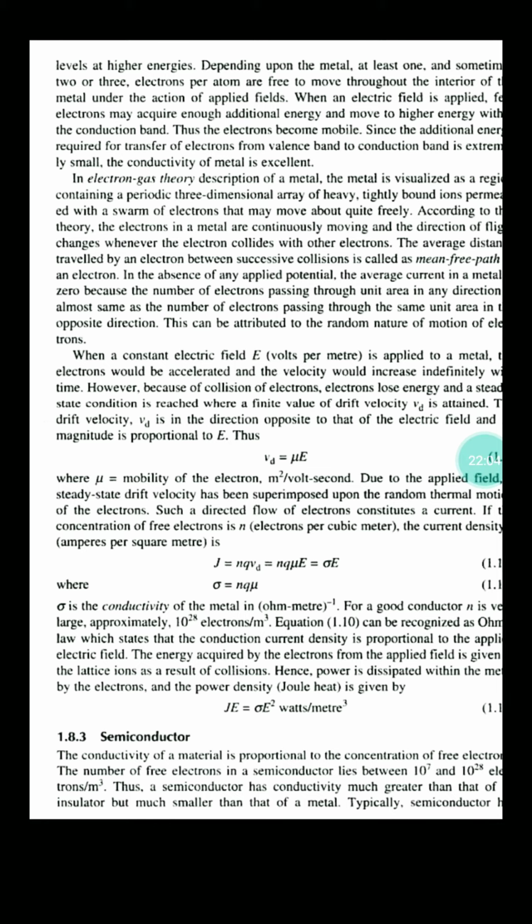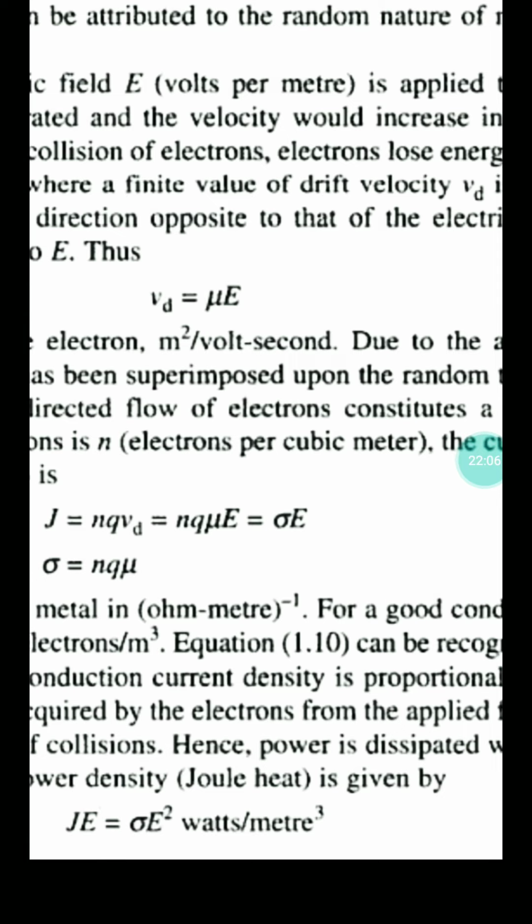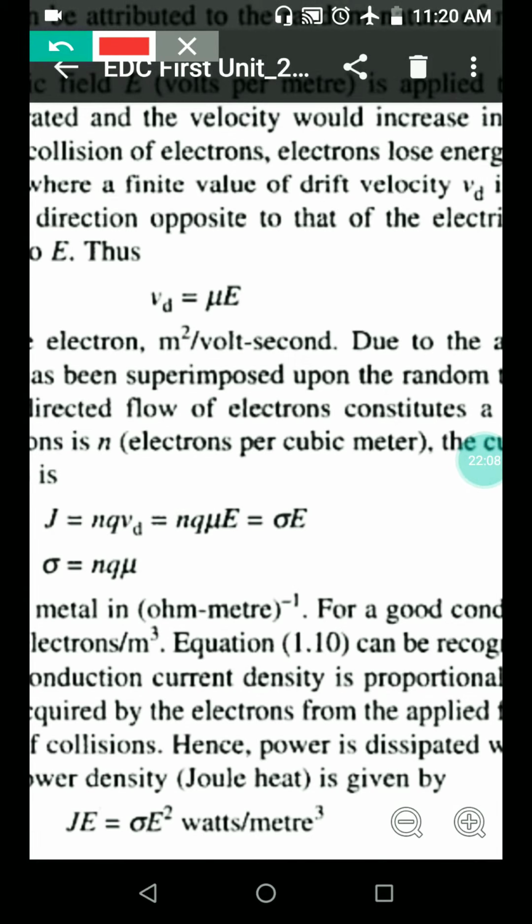So what is the unit for conductivity? See here, per ohm meter, or ohm meter whole to the power of minus 1. This is the unit for conductivity. Meter square per volt second is the unit for mobility.